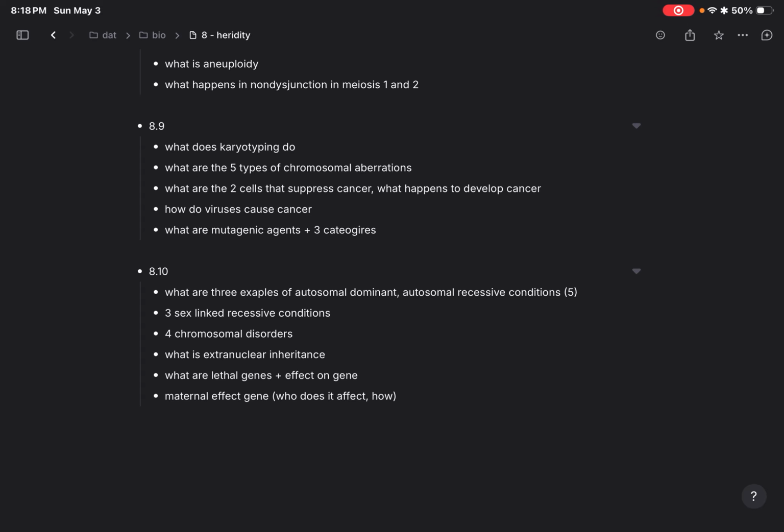Or it works the other way. If you have homozygous recessive being the lethal, then you'll have a 1-to-2, because the third one will be dead. So, yeah. That's basically all.